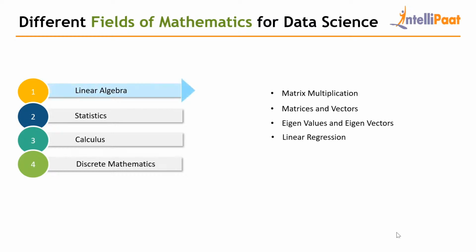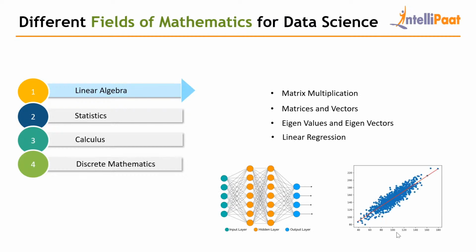Starting with linear algebra, there are various operations and various applications of linear algebra in data science. We use matrix multiplication, matrices and vectors, eigenvalues and eigenvectors, and linear regression in data science.